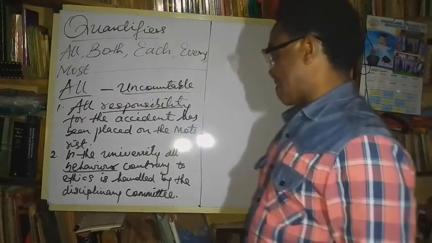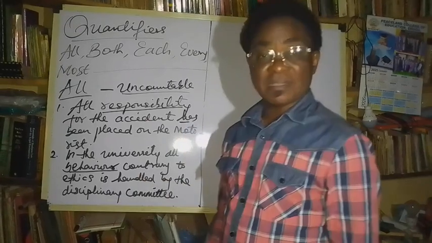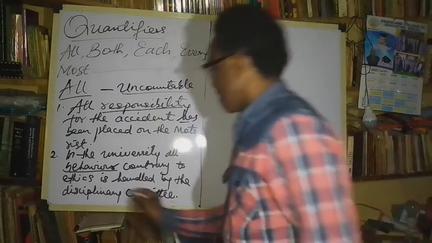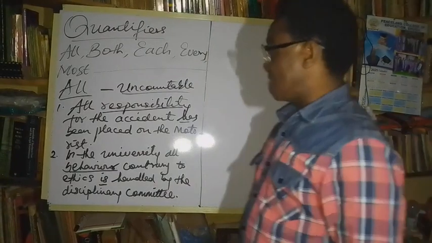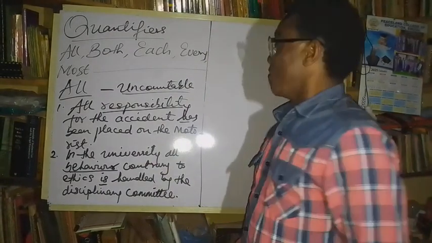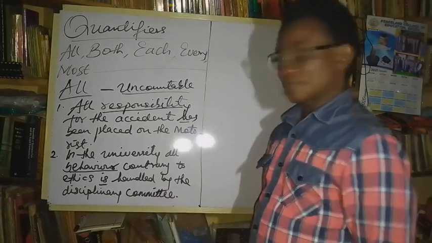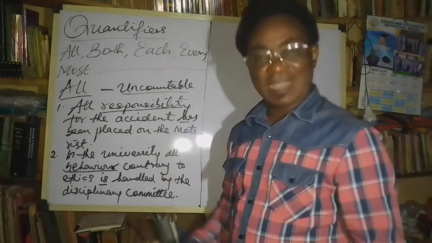In these two examples, responsibility and behavior are uncountable in their use, and so naturally, because each of them is the subject of a sentence, the verb that goes with them is singular in number. Has and is, since the nouns themselves are uncountable.